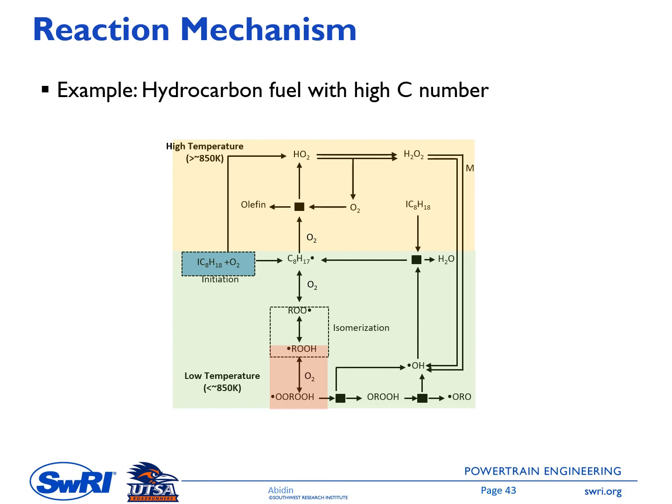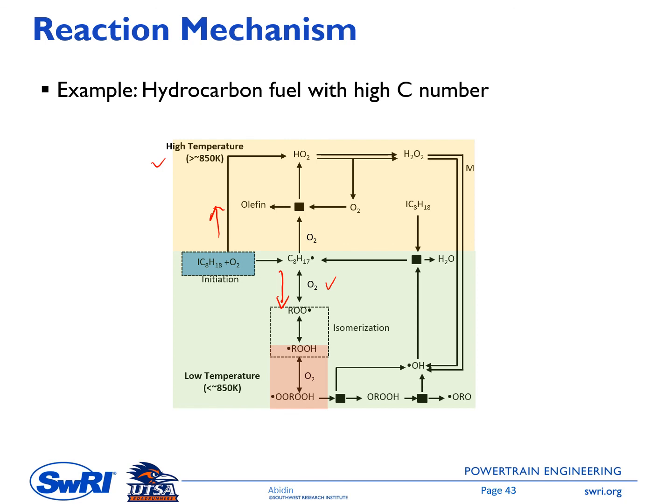So this chemical path is showing an example of isooctane combustion with oxygen. You can see in here we have a path going in this direction as well as going in this direction, and it is controlled by the temperature, it is controlled by the amount of oxygen, and so on and so on.